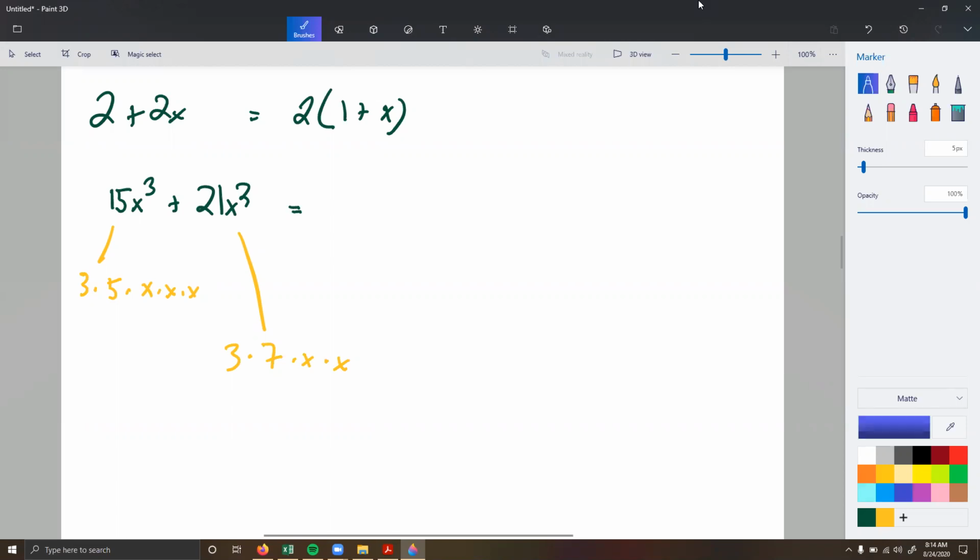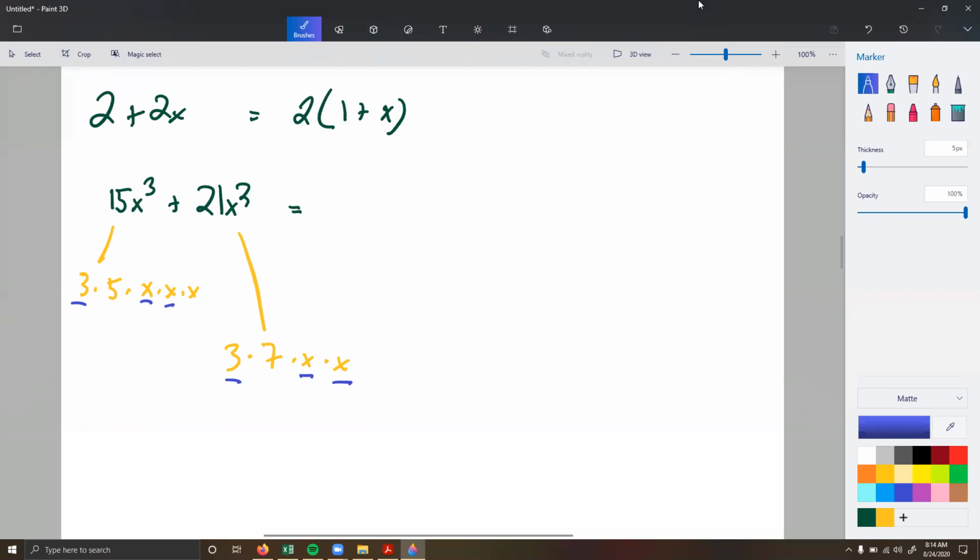Basically, we see that there's a 3 in common, and they both have at least 2 x's. Now, if it doesn't have a buddy, I can't rip it out, right? This x does not have a pair on the other term, so we're not going to rip that out. Actually, when we factor this, we're going to leave that there.